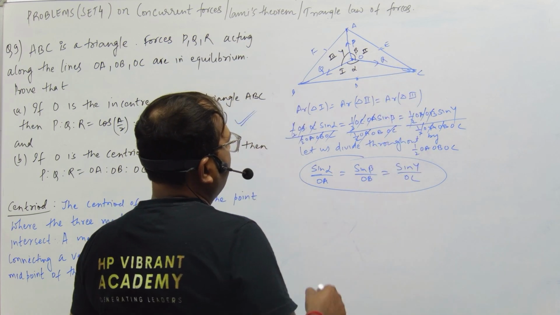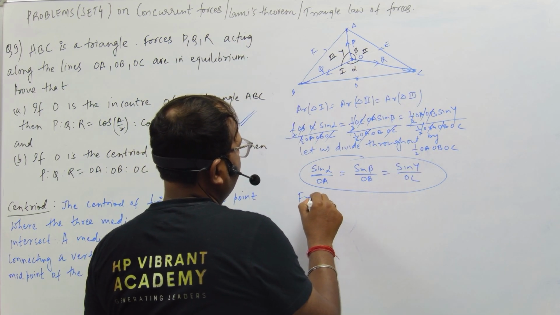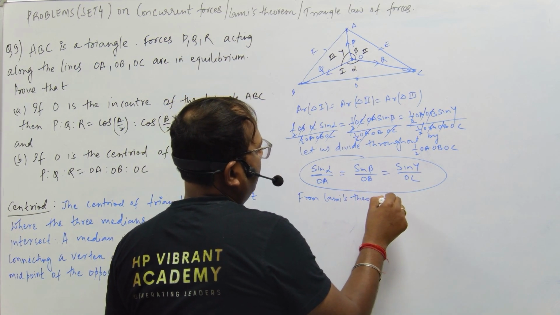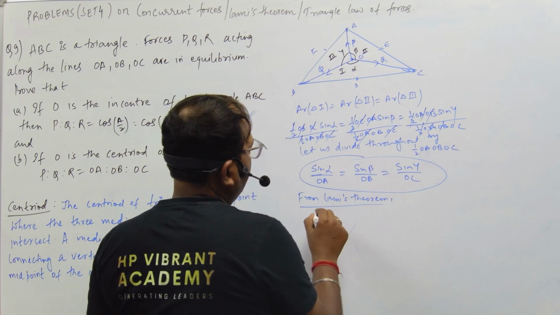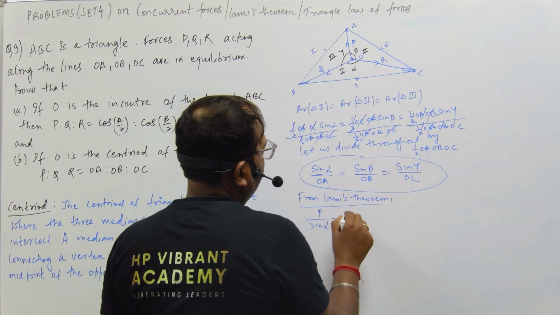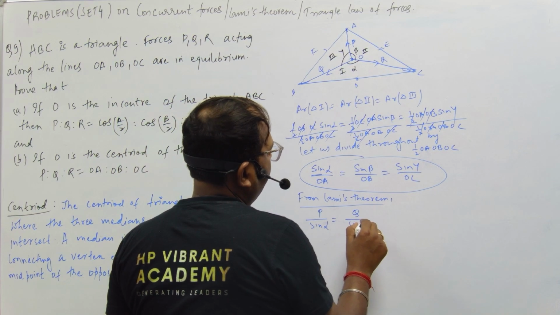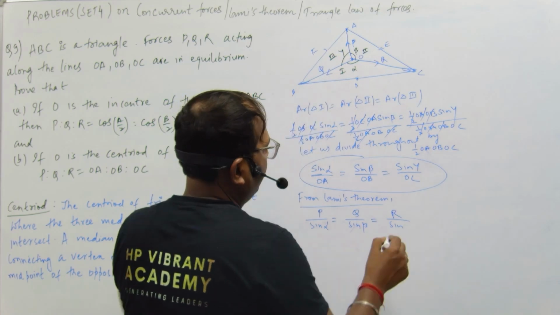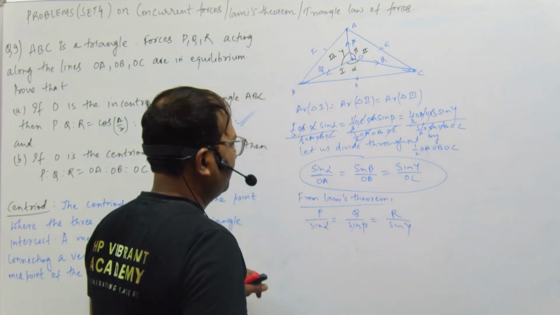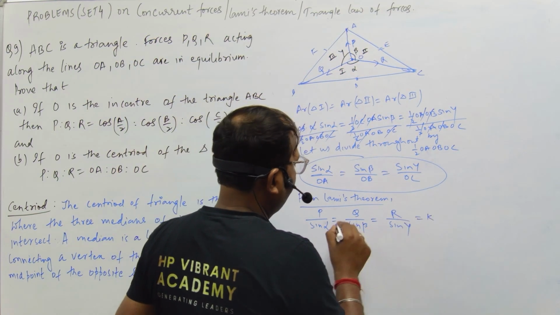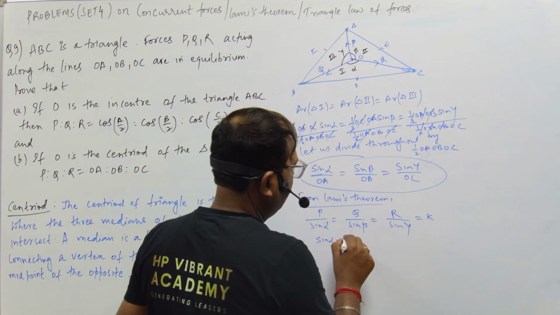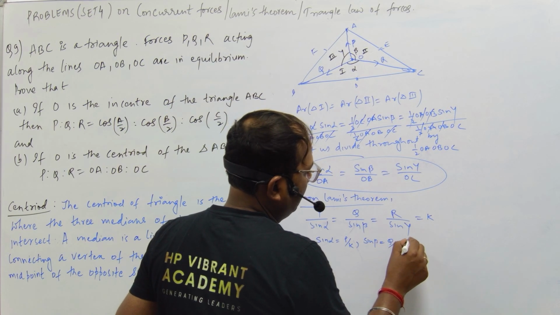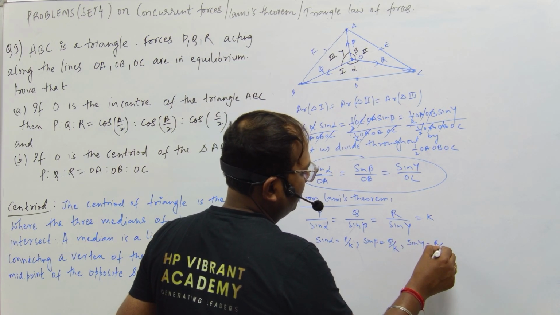So from Lami's theorem we have P upon sine of alpha is equal to Q upon sine of beta is equal to R upon sine of gamma. Let us take this as k. So sine alpha is equal to P upon k, sine beta is equal to Q upon k, and sine gamma is equal to R upon k.